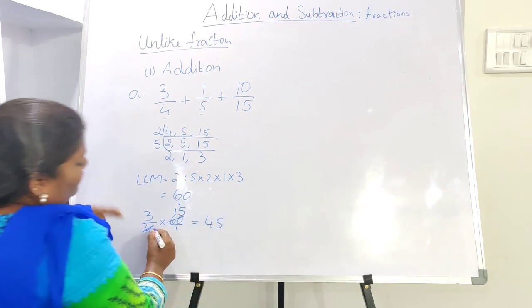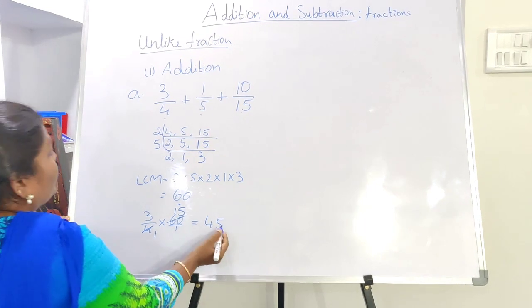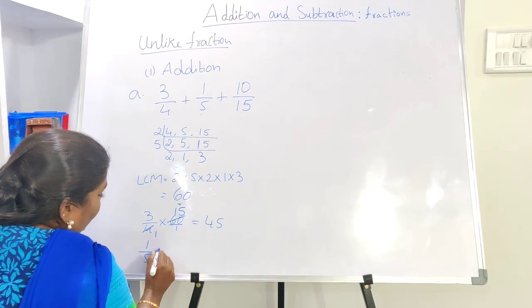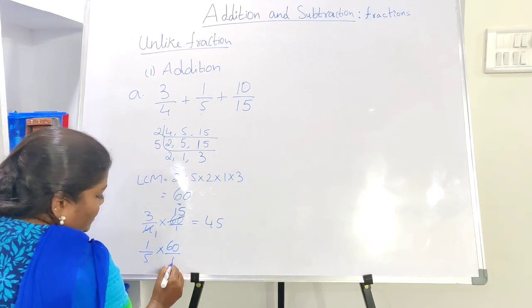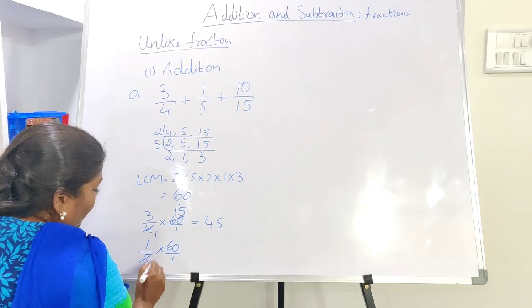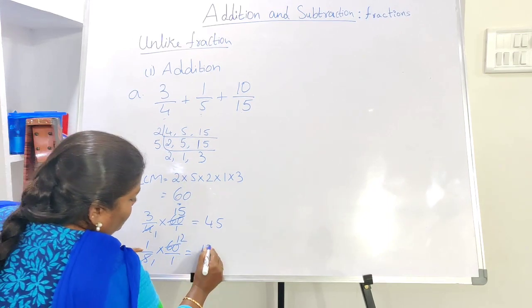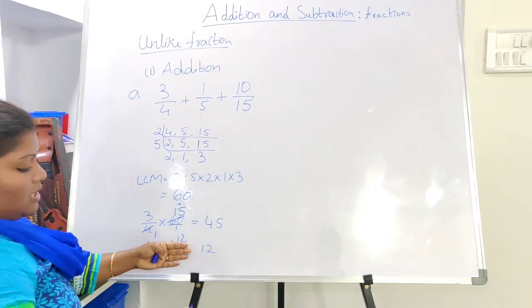So the first fraction after cancellation we got as 45. Next is 1 by 5 into the LCM. 60 in the sense 60 by 1. 5 ones are 5, 5 12s are 60, that is nothing but 12 ones is 12. So since you have 1 in the denominator, it can be neglected and written as 12.